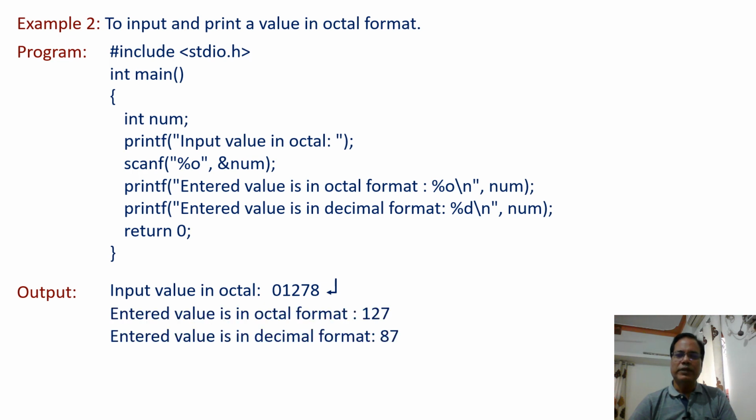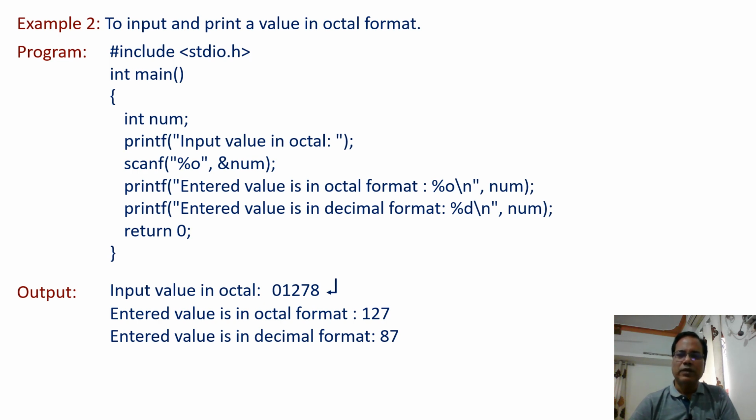It would be like this one: entered value is in octal format equal to 127. Entered value in decimal format is 87. Here we are entering the value 1278, but the printed value is 127 and its decimal equivalent is 87.